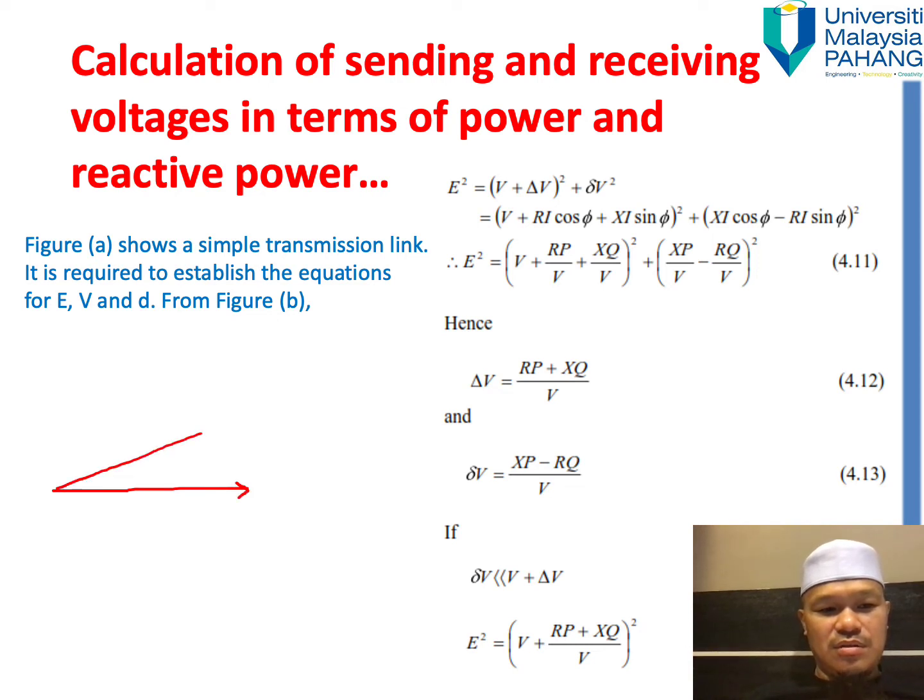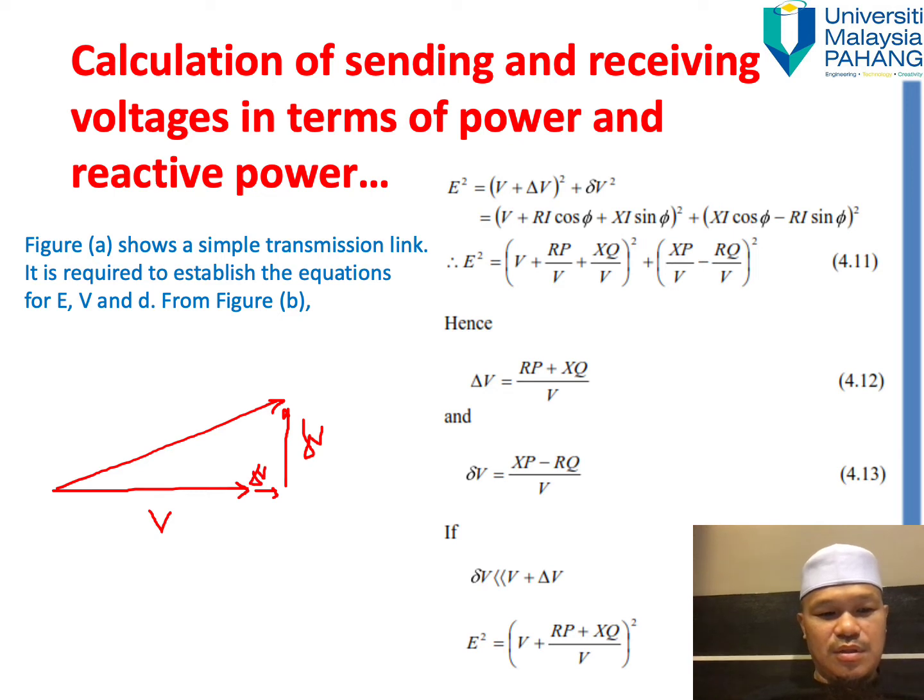This is your E, and this is your V. Just now you have delta V here, and from here we can see this is 90 degrees. Then you have theta here, and this one is your E. This is how you derive it.